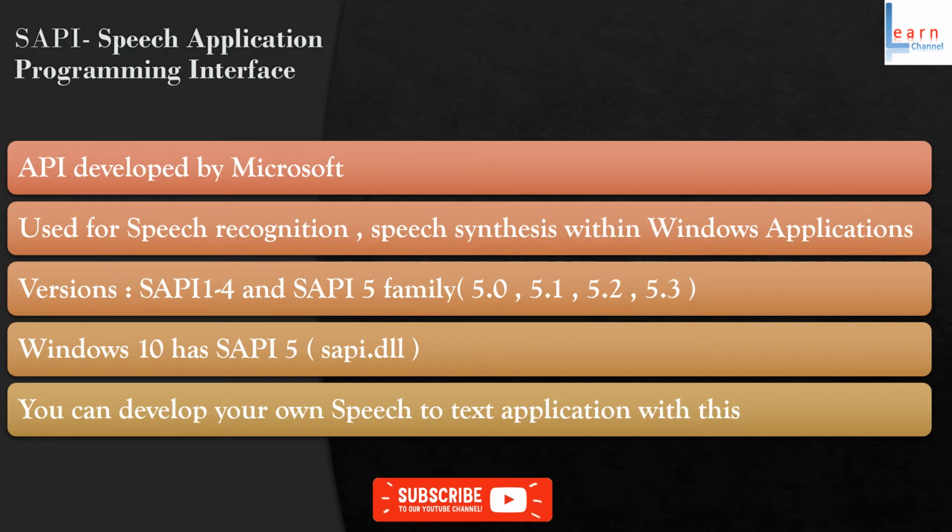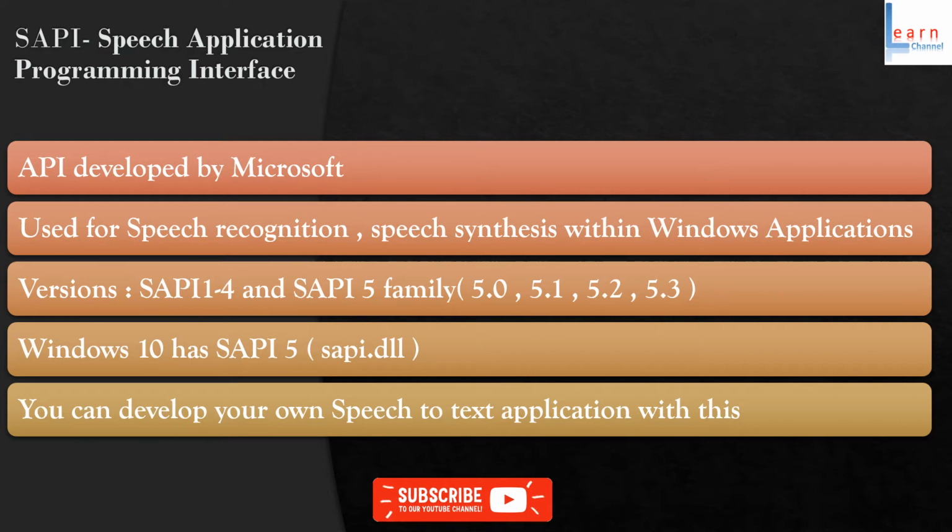So this is the API, application programming interface, developed by Microsoft, and this is used for speech recognition and speech synthesis within Windows applications. There are different versions, like SAPI 1 to 4 were the previous ones, and now you have SAPI 5, which has a family of 5.0, 5.1, 5.2 and 5.3. Windows 10 has a family of 5, which is the SAPI 5, sapi.dll. DLL stands for Dynamic Link Library.